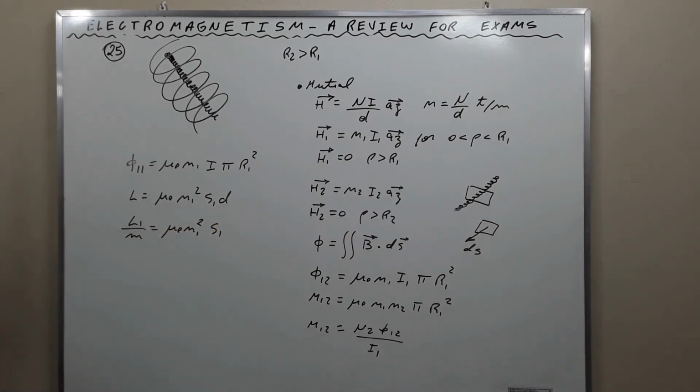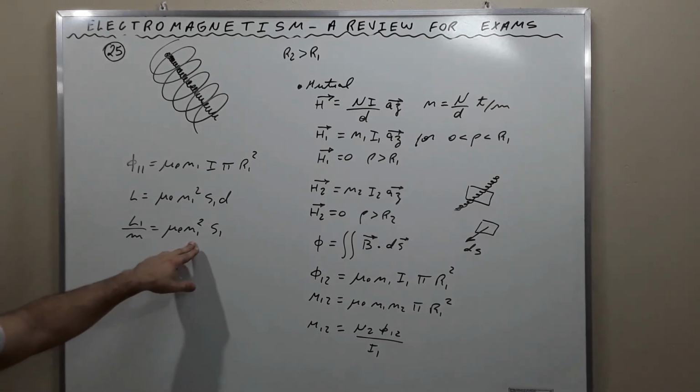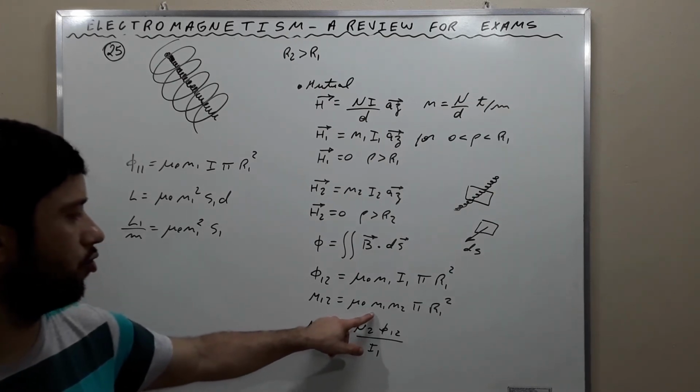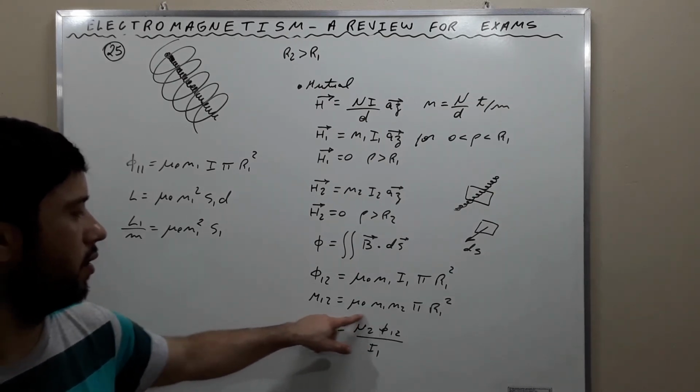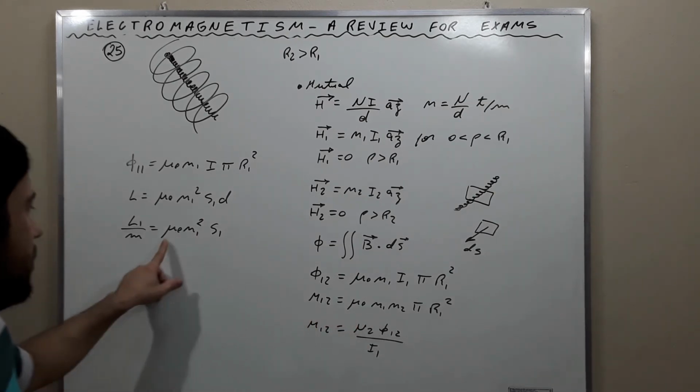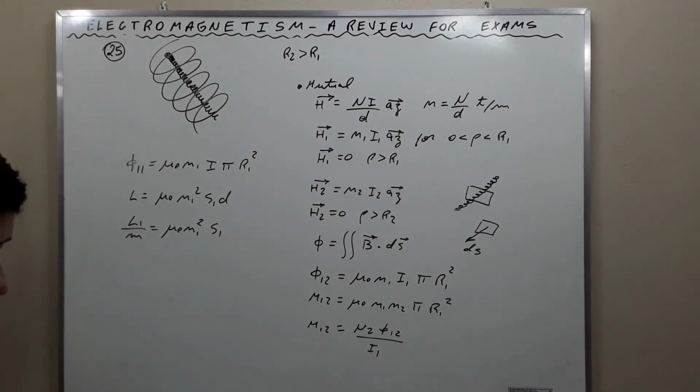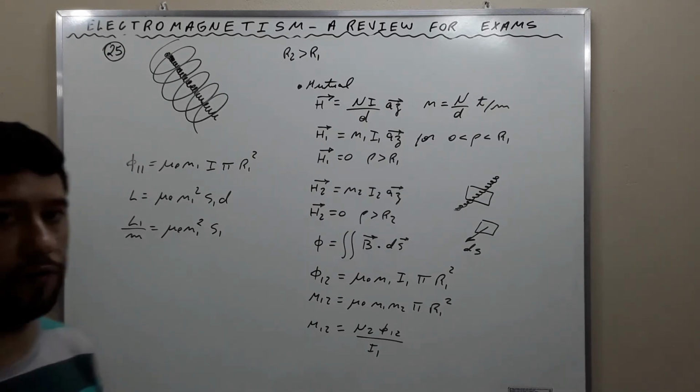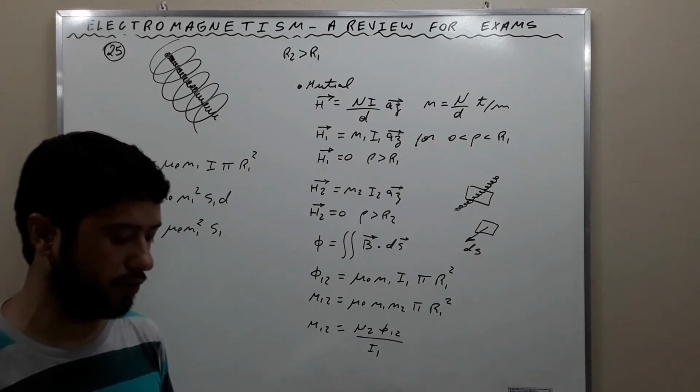This is the inductance of the solenoid number 1. Alright, and you can put numbers here to understand the mutual inductances and the self-inductances. And this is the idea of exercise 25.